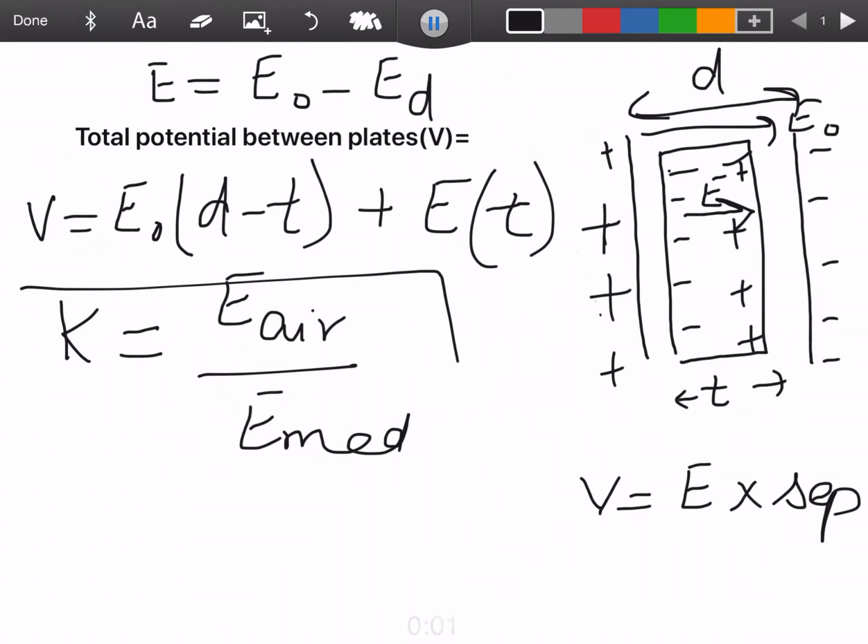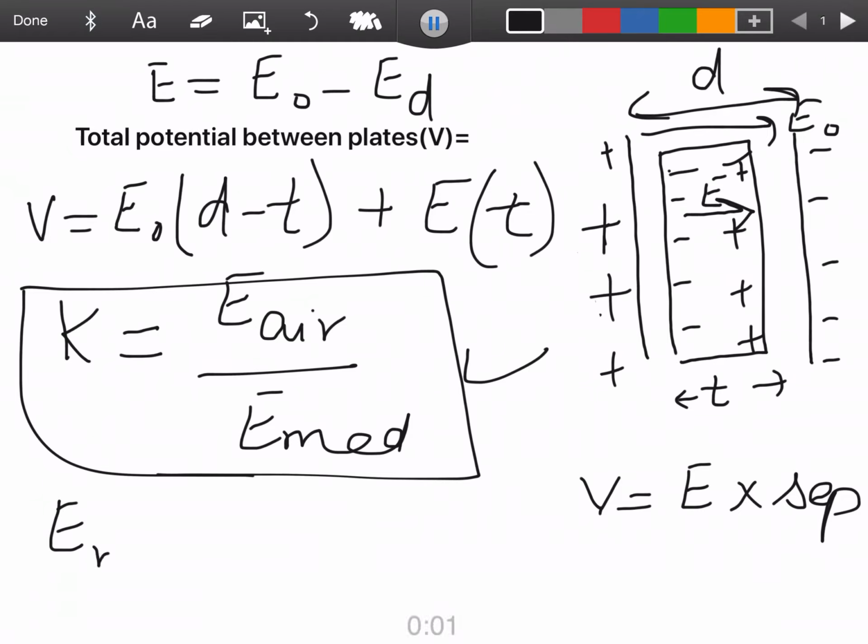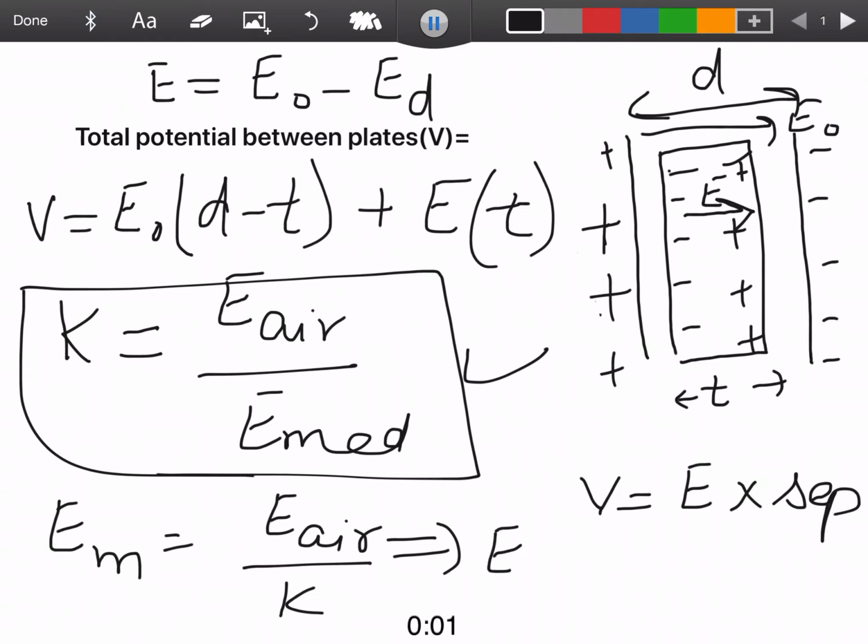So this ratio is called dielectric constant. Therefore, we can easily say electric field in any medium will be equals to electric field in air divided by dielectric constant. In our case, we can write E is equal to E naught by K.